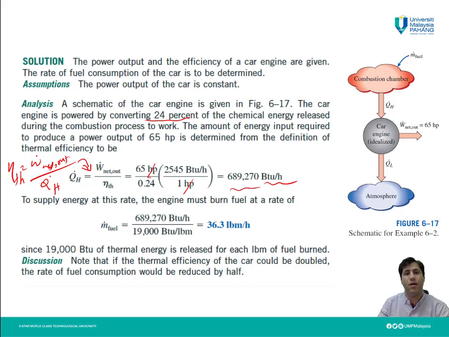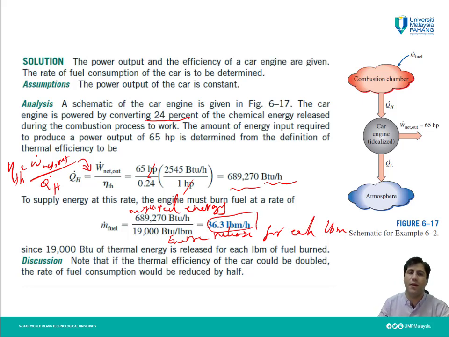Okay, so we know how much energy we require for this engine. Then, because we know how much energy is released by burning 1 pound of the fuel, if we divide the required energy by the energy released for each pound of fuel, it will give us the required mass flow rate of the fuel to have this efficiency for this car engine, which is 36.3 pounds per hour.